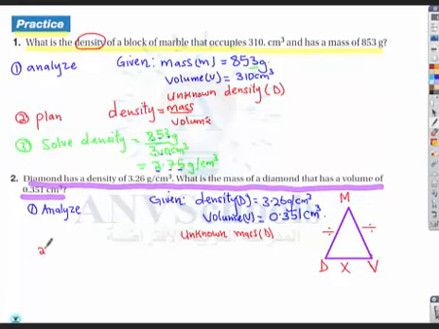So solve, step 2. In the solve, you have solve for mass is equal to the density, in this case 3.26 grams per cubic centimeter, multiplied by 0.351 cubic centimeters.